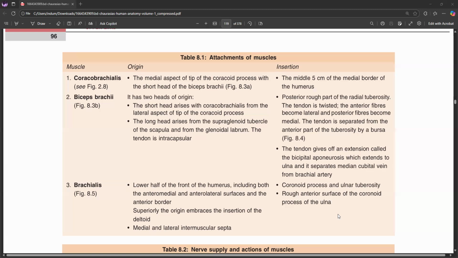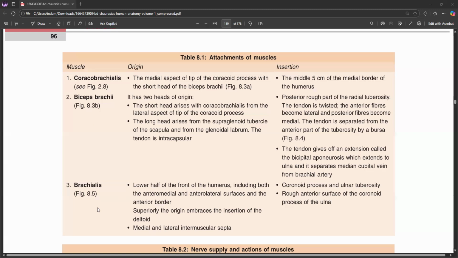The tendon is twisted. The anterior fibers become lateral and posterior fibers become medial. The tendon is separated from the anterior part of the tuberosity by a bursa. Figure 8.4. The tendon gives off an extension called the bicipital aponeurosis, which extends to the ulna, and it separates the median cubital vein from the brachial artery.